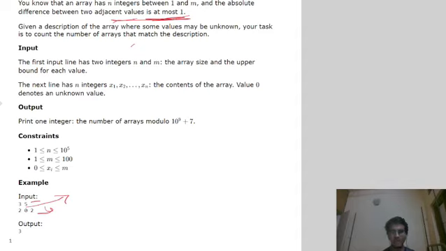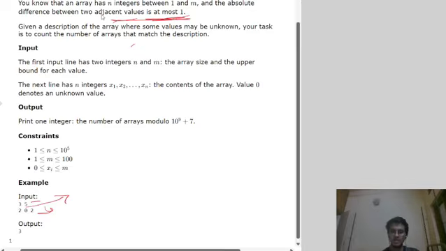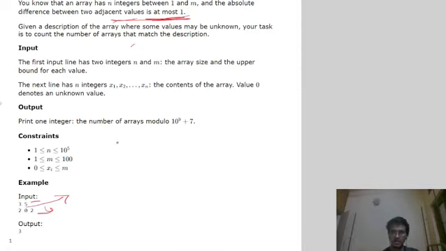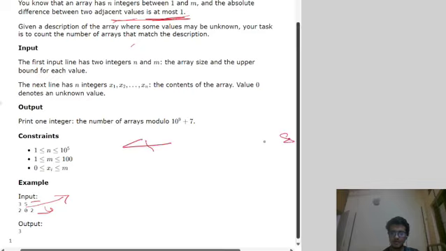Even if we did not know that this is from DP, we could have thought of recursion. But why recursion? Let's say we have 4 and 8 here, and suppose the values in between are unknown to us, so according to the problem we will have 0, 0, 0, 0, 0.